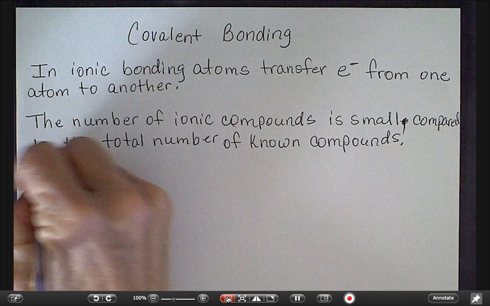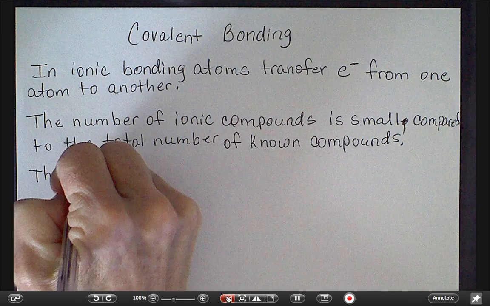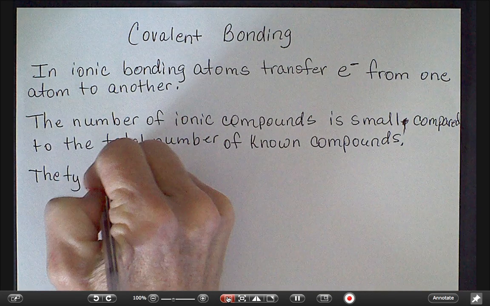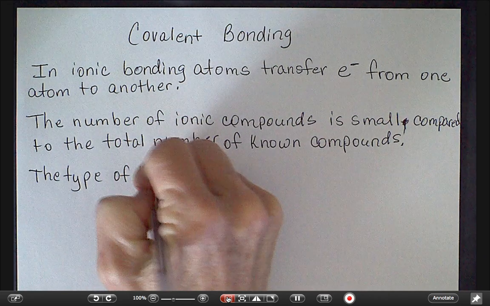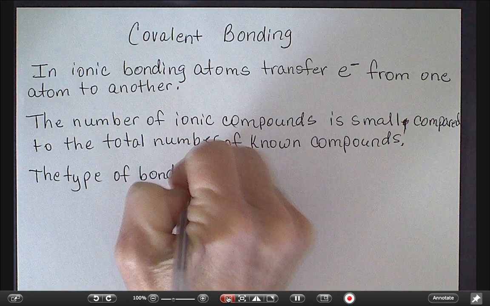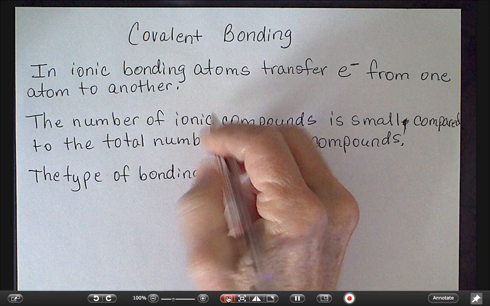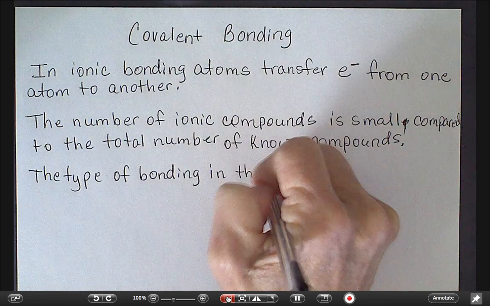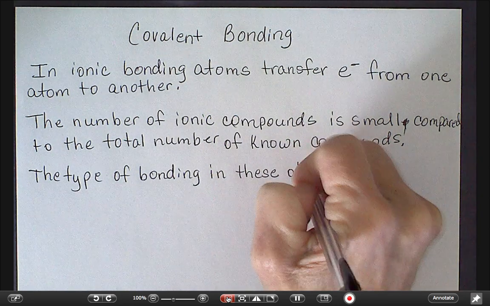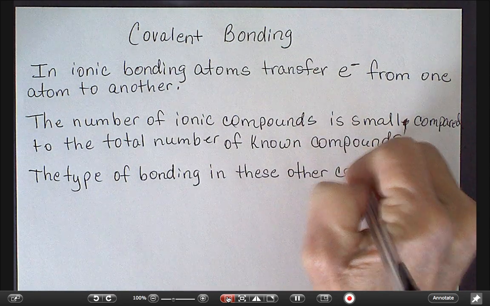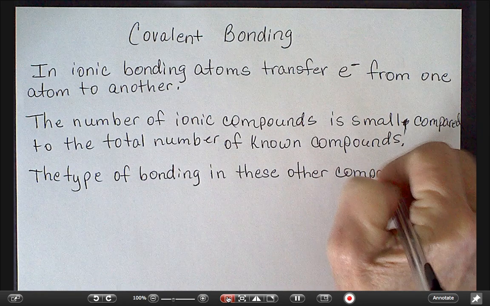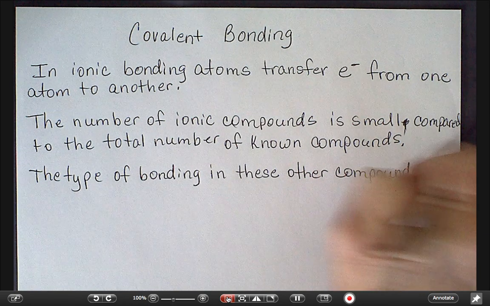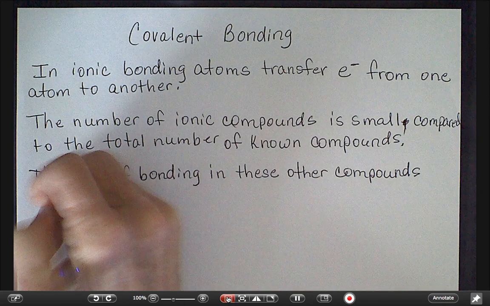The type of bonding in these other compounds is called covalent.